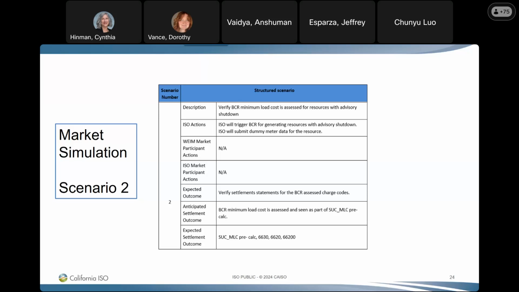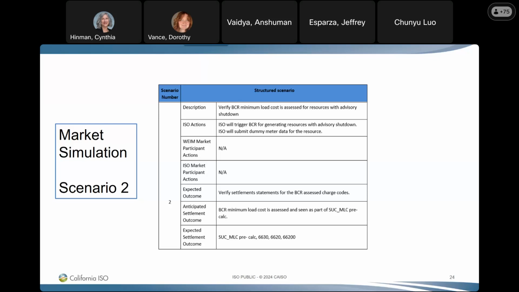Then in the back end, we'll edit the prices to generate a bid cost recovery scenario. Once we do that, we will give the edited resources to the registered market participants to verify in the settlement statements.